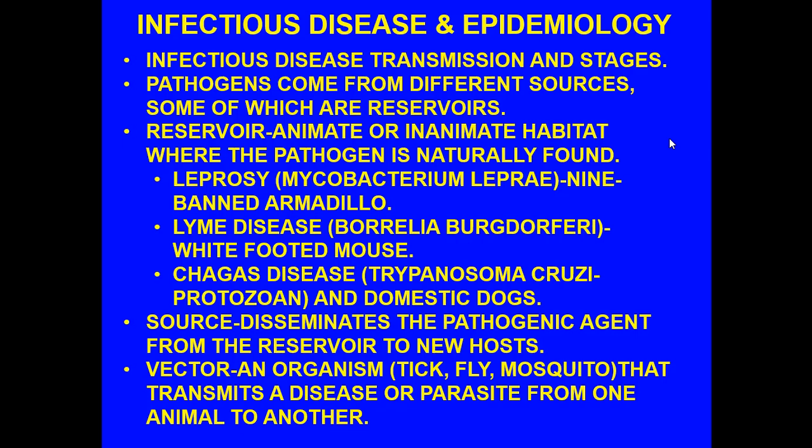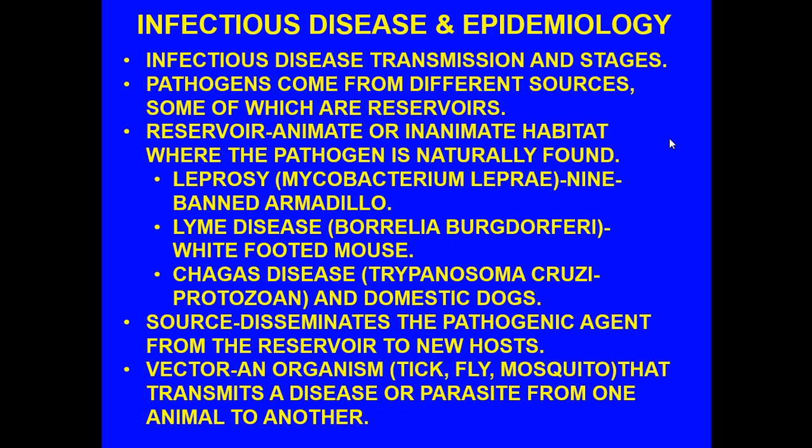The source, a lot of times, will disseminate the pathogenic agent from the reservoir to new hosts. This is where we also get into an interesting little concept called vectors. This is an organism, for example, a tick, fly, a mosquito, that transmits a disease or a parasite from one animal to another. Very commonly, if you go back to Lyme disease, well, we know that that's caused by a tick bite.